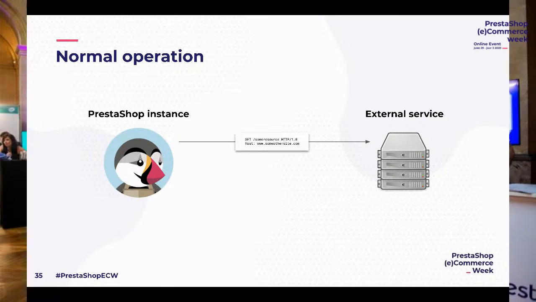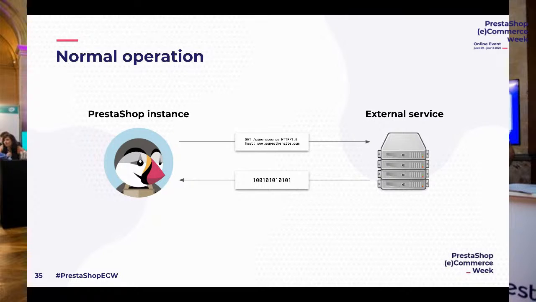In normal times, whenever a PrestaShop instance requires accessing some external service via HTTP, usually what happens is that there's a request done from the backend, let's say to some other site.com, and then there's a binary response or text response or whatever, but there's a response and a timely response and everything works well.